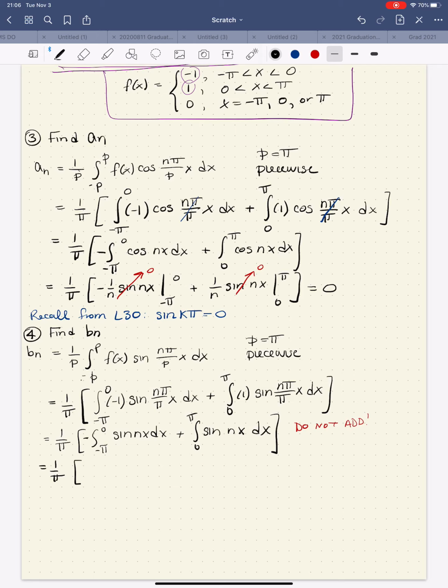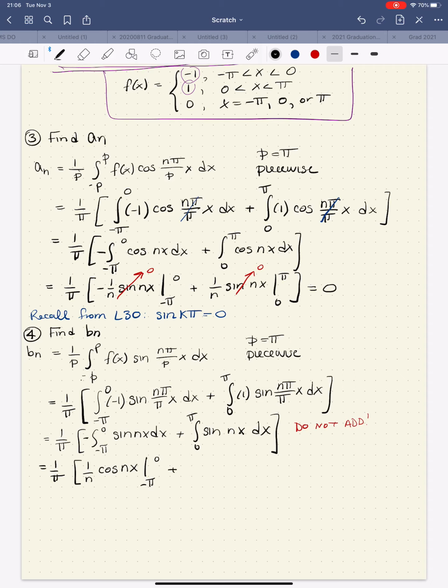Okay, so if we integrate, remember that the integral of sine is negative cosine. So what we end up with here is 1 over n, keeping in mind the chain rule, cosine of nx evaluated from negative pi to 0.